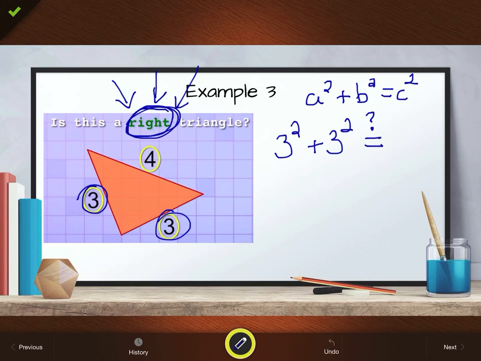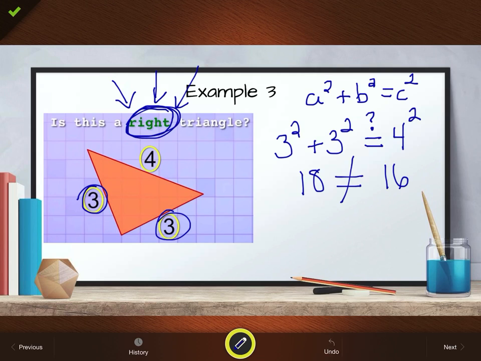Your hypotenuse is going to be your longest side, so that would be 4. So let's see if this actually works. 3 squared plus 3 squared is 18. 4 squared is 16. Does 18 equal 16? No, right?